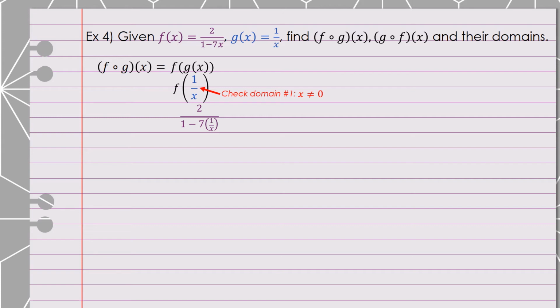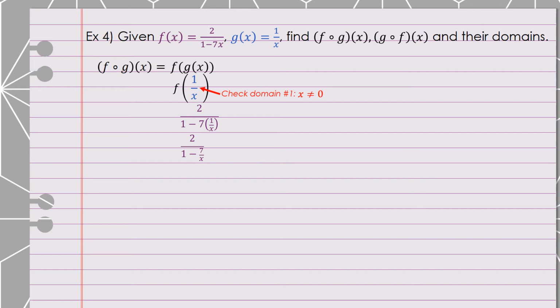Because 1 over x is a fraction, we make 7 into a fraction as 7 over 1, and we multiply the two fractions. When we do that, our function now looks like 2 all over 1 minus 7 over x.